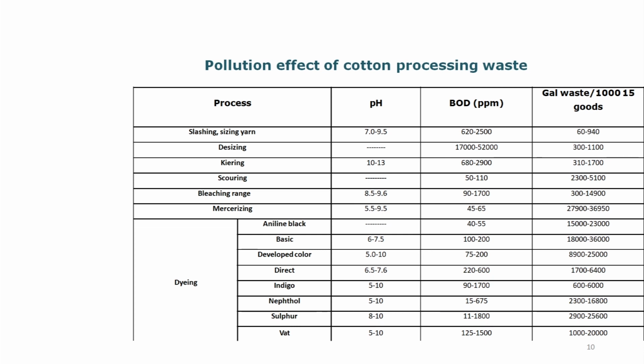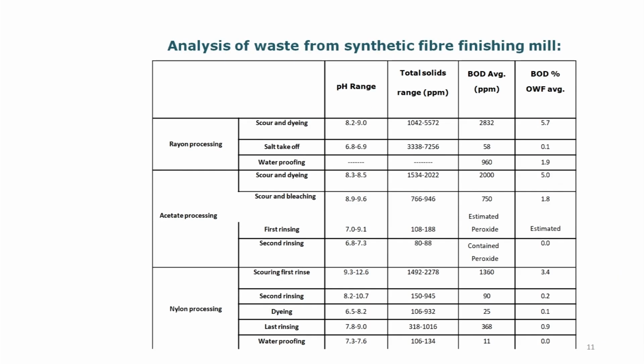But you may have noticed that the maximum contributor of BOD is the desizing, and we cannot omit this desizing process, hence we need to only make a control at the mill stage.